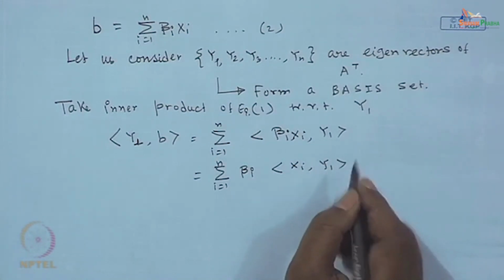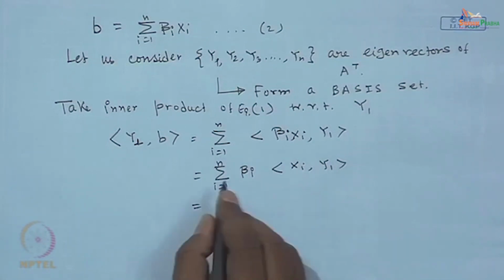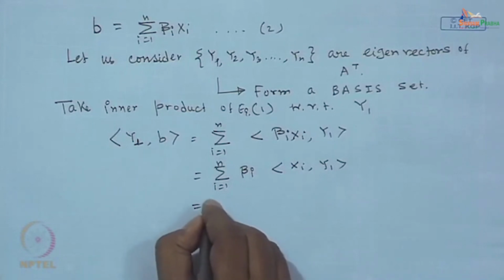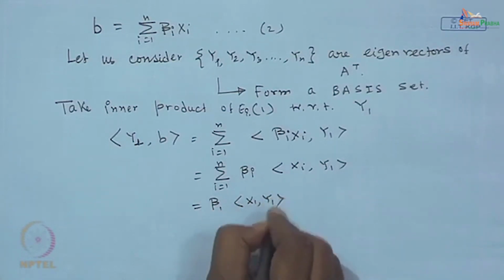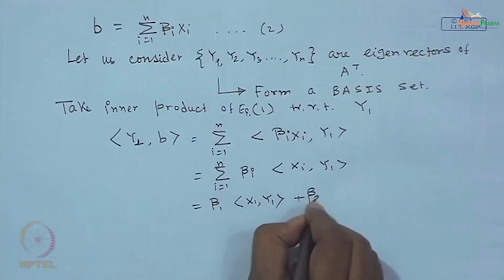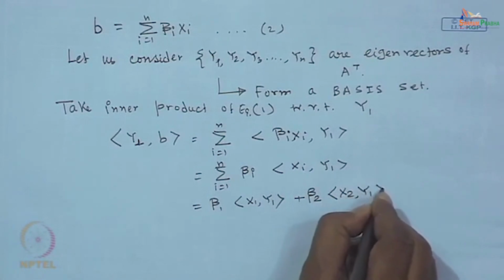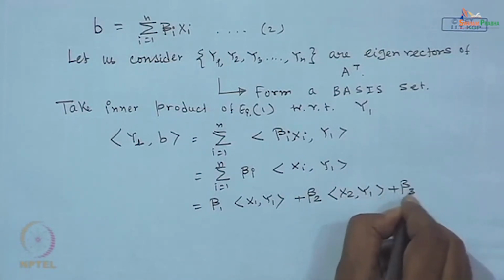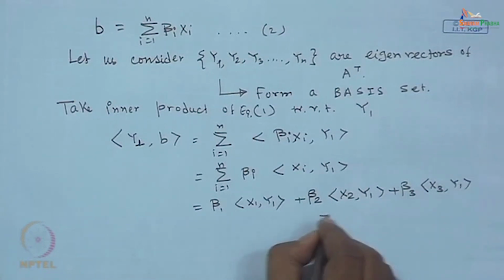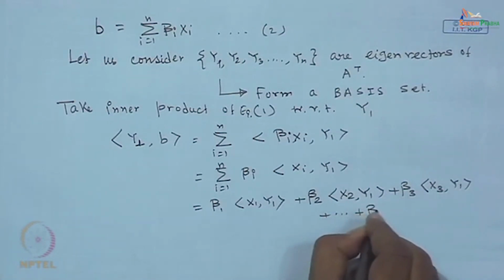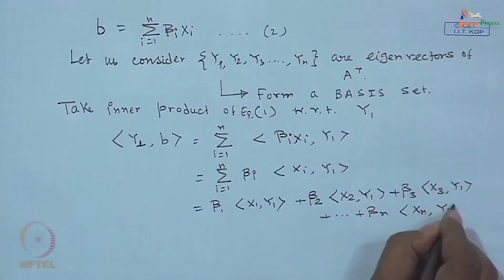Now, if you open up this summation, it becomes beta 1 inner product of x 1 and y 1 plus beta 2 inner product of x 2 and y 1 plus beta 3 inner product of x 3 and y 1 and so on, and finally beta n inner product of x n and y 1.